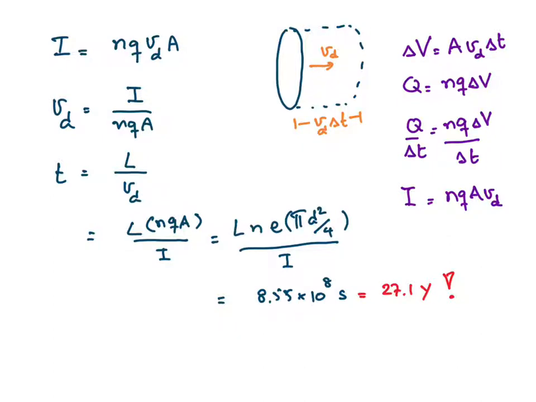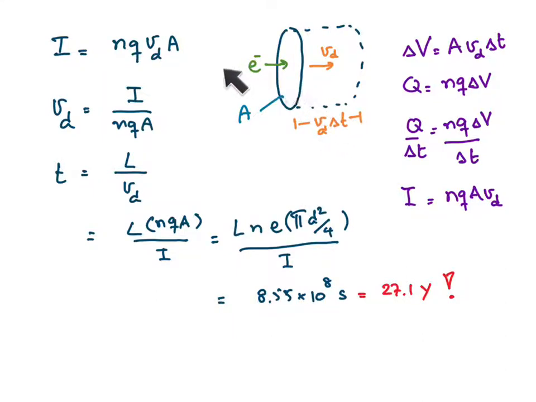If we have electrons that move in this direction passing through an area A, then in the time delta t, the electron that starts from this cross-sectional surface will move the distance Vd times delta t.